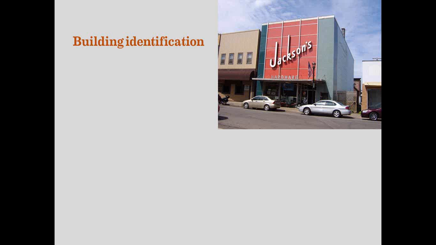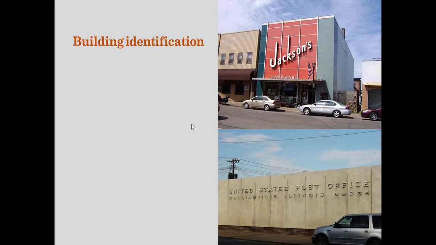But in certain instances, an entity occupies the entire building, and therefore the signage reflects that. So in the case of Jackson's Hardware, it is both a business identifier and a building identifier. Nobody would argue that this isn't the Jackson's Hardware building, because the sign is certainly large enough and critical enough to the architecture for that to be the case.